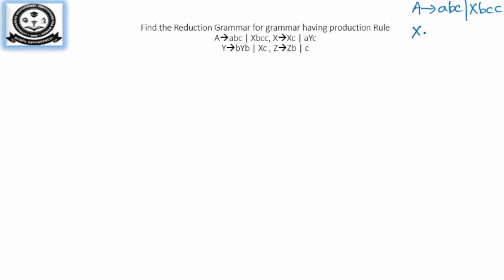Here X tends to XC or small a capital YC. Now Y tends to B capital YB or capital XC. Then Z tends to ZB or C.